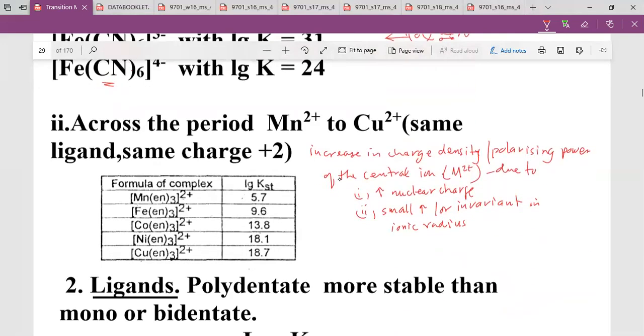Now, across the period from manganese to copper: manganese, iron, cobalt, nickel, copper.